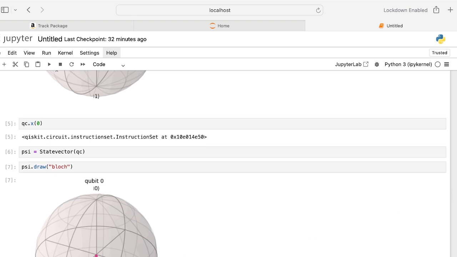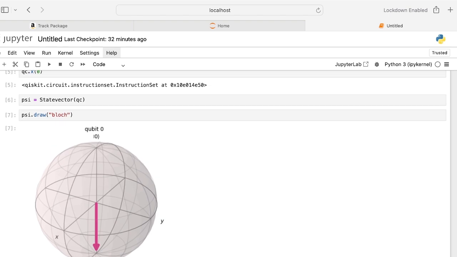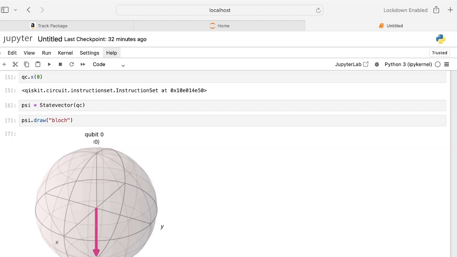All right, now let's put it through the Y gate. Yeah, in fact, you know what? Let's leave it here. Let's flip it again, actually. QC dot X 0.